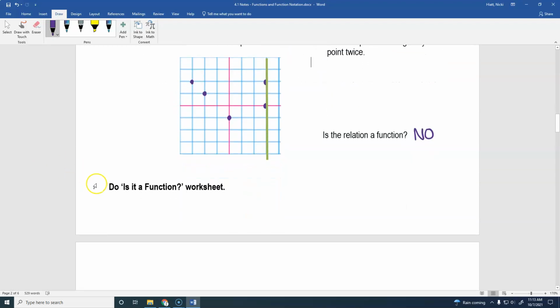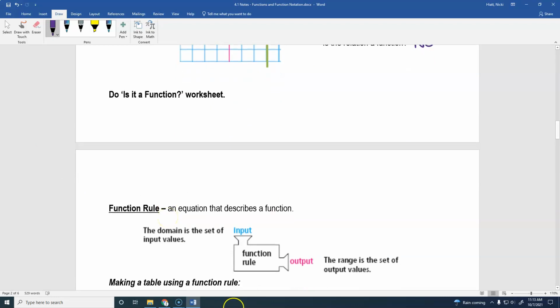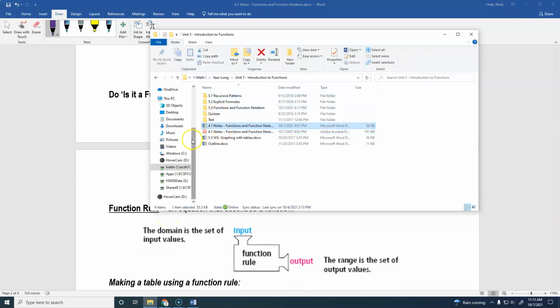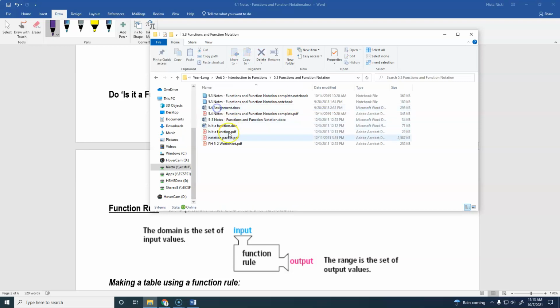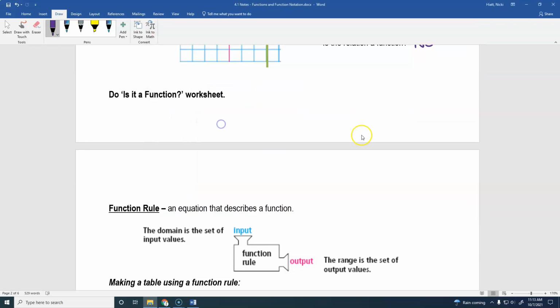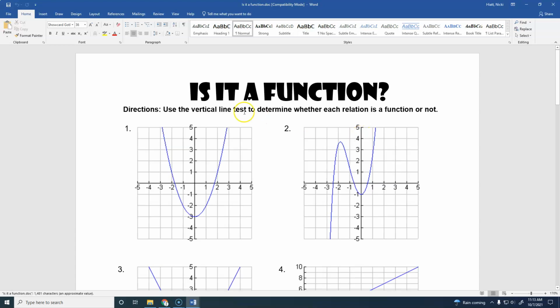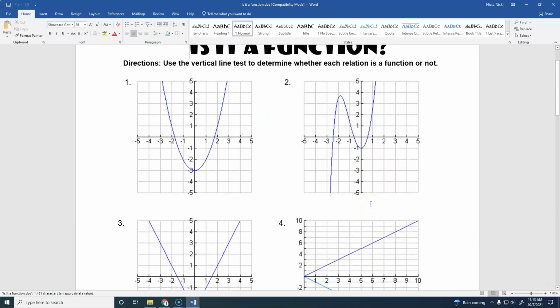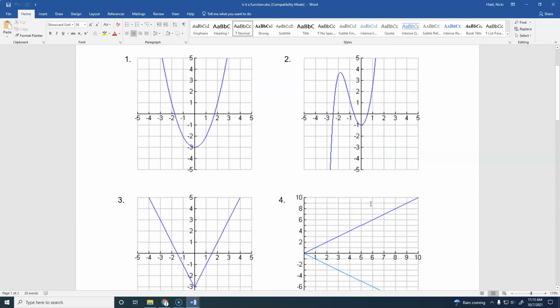You guys don't have this printed. I did put it on Canvas so you could see it later if you want to look at it.